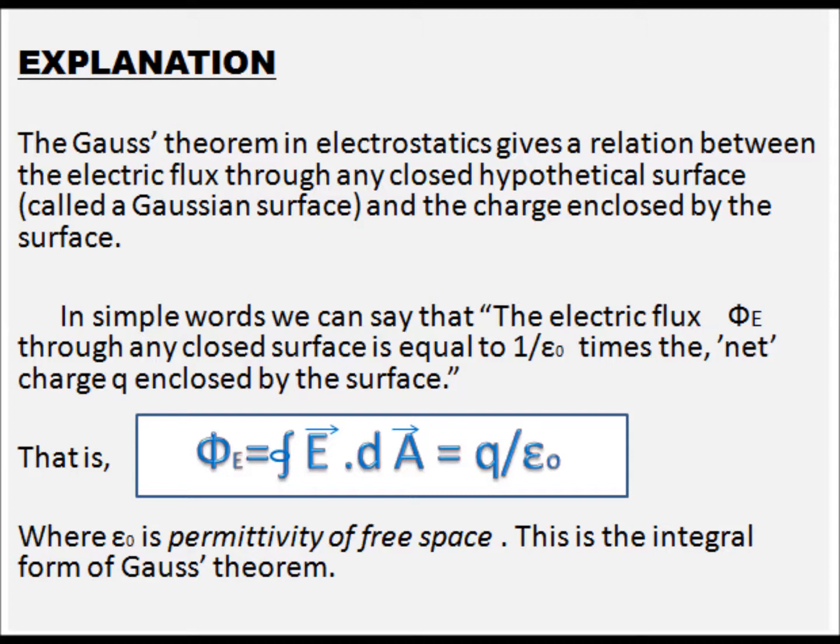So according to this law, we get the formula phi E is equal to Q upon epsilon naught, where epsilon naught is the permittivity of free space, as we have studied earlier, and this is the integral form of Gauss theorem.